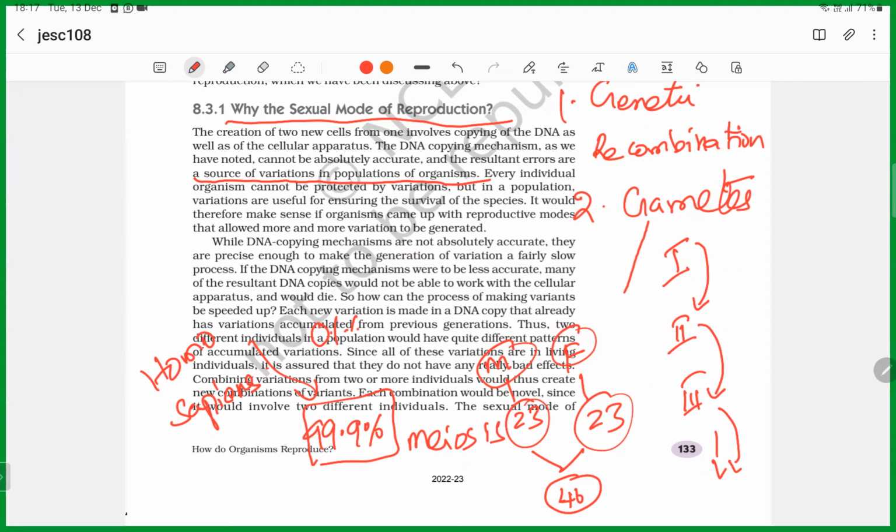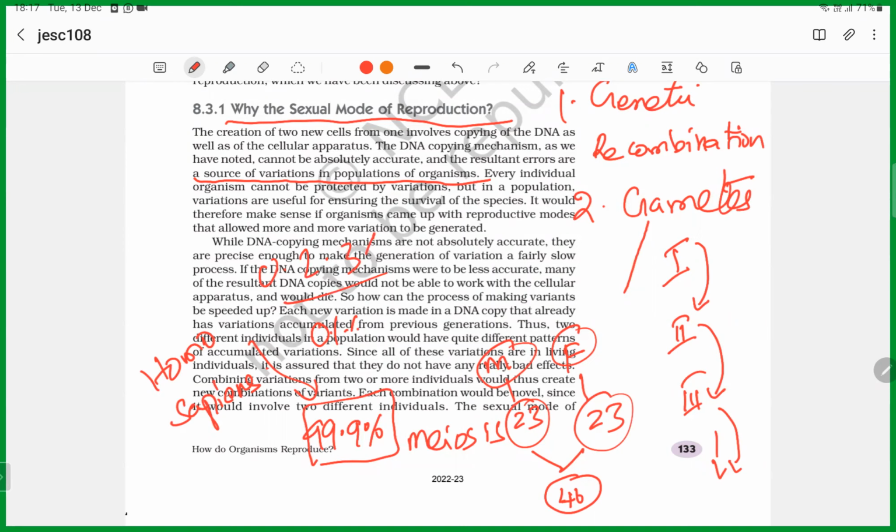25,000 years ago, Homo sapiens evolved. If you compare the genome with now, it is almost the same. Very few percentage of differences, 0.1 to 0.3%. Only that much difference we have.